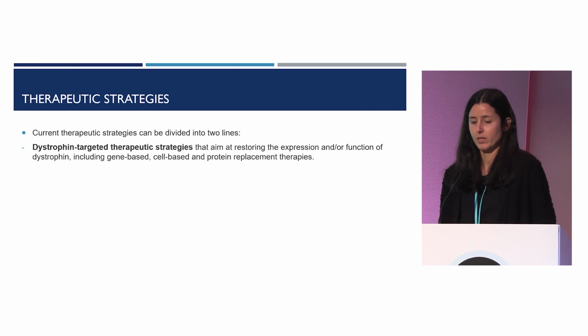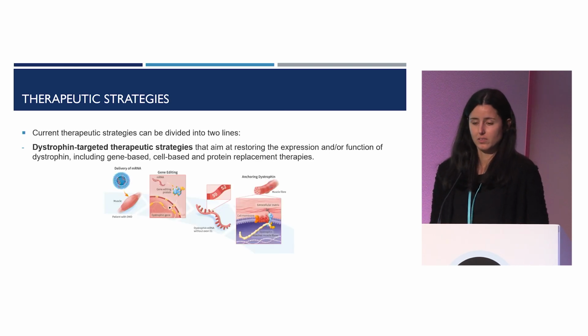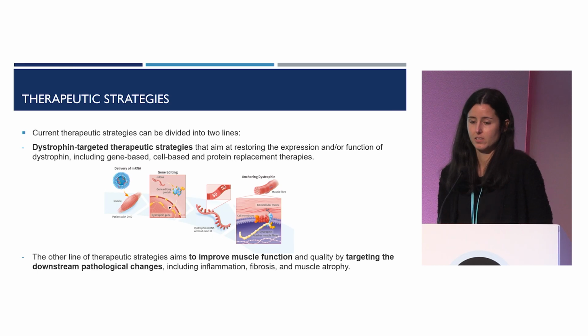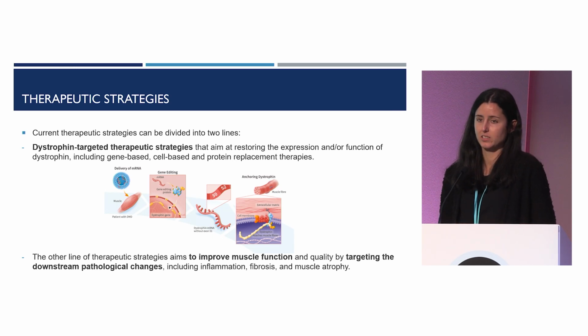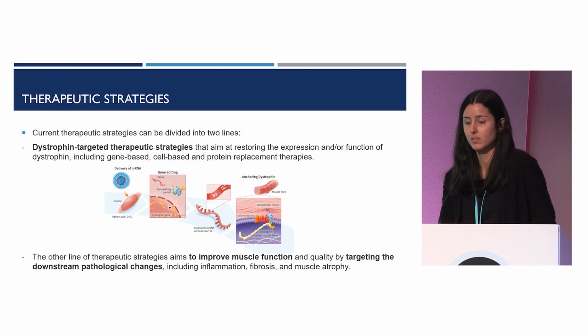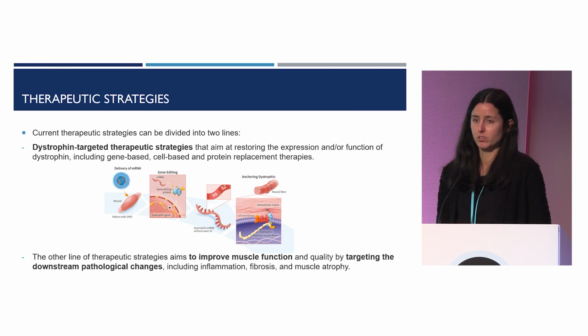These types of therapies include gene-based therapies, cell-based therapies, and protein replacement therapies. The next talk will be focused on that type of therapies. But the second line is the therapeutic strategies that aim to improve the muscle function and the quality of life of the patient by targeting the pathological changes that we were talking about before.